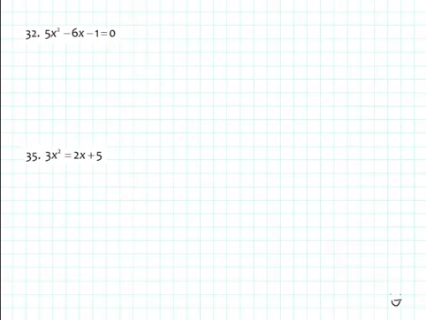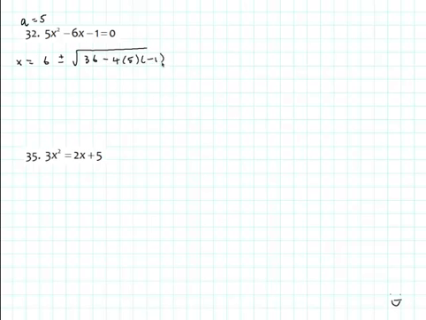Number 32. Here we have an a value that's a 5. Still the same formula. X is equal to a negative b, which would be a positive 6, plus minus the square root. B squared will be 36. 36 minus 4 times the a times the c over 2 times the a, which would be 10. 6 plus minus the square root of 56 over 10.